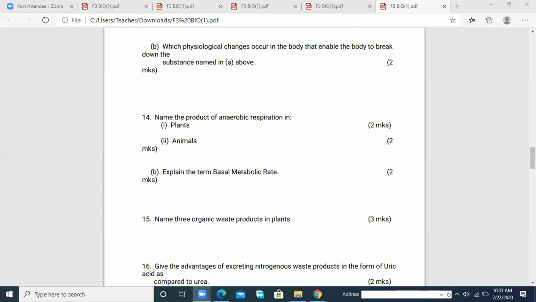Repeat: name 3 organic waste products in plants. Let me see somebody. Write which ones. Tannins.